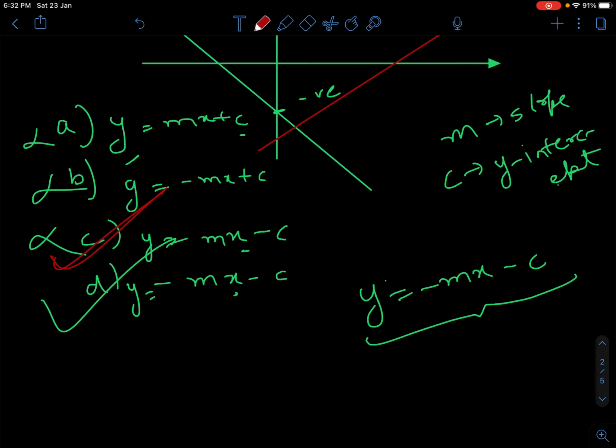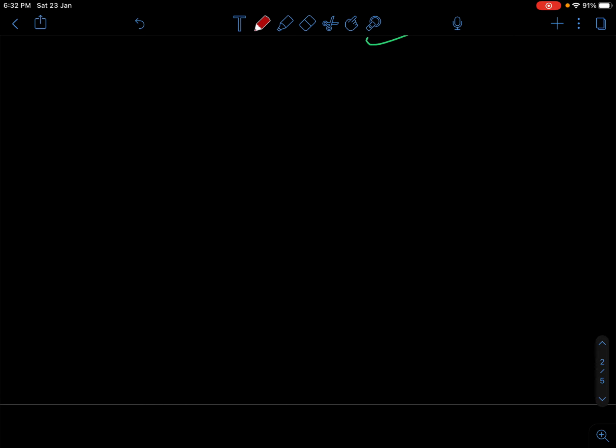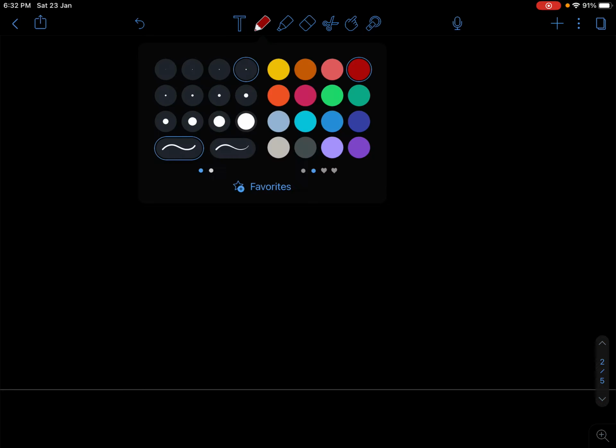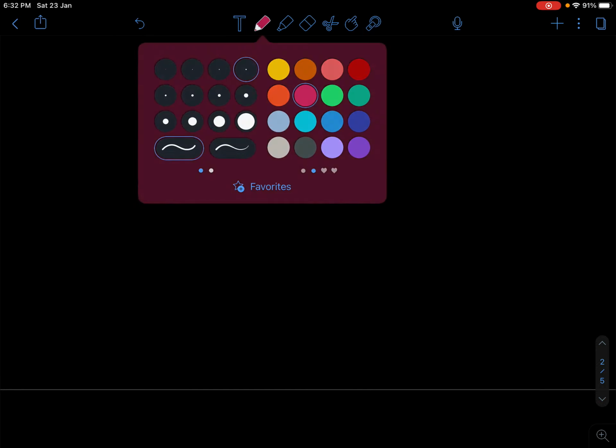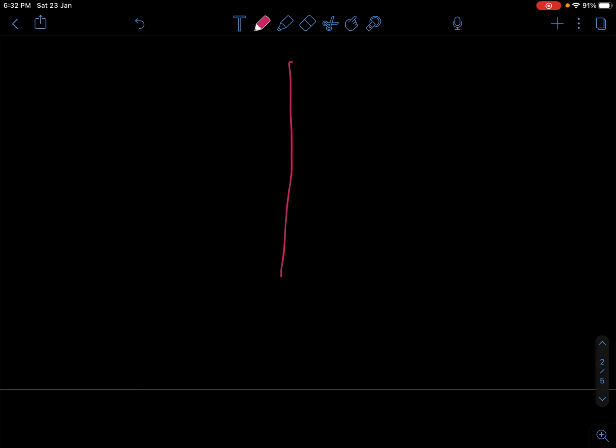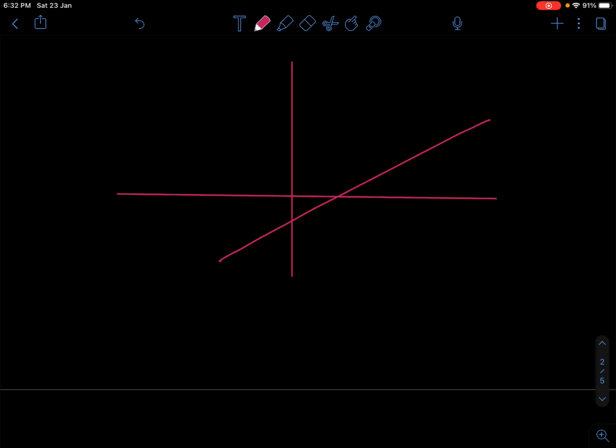Very simple. Now if you don't remember what slope is, I can help you out. I have taught it earlier, but since it has been very long, I'll refresh it. This is the xy graph. Suppose this is the graph.